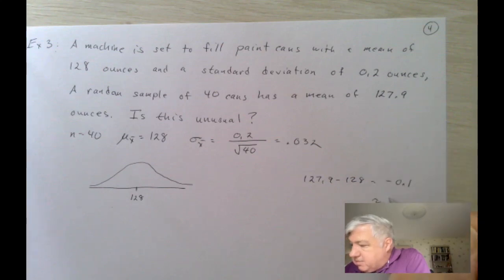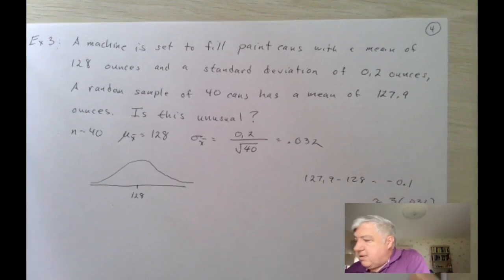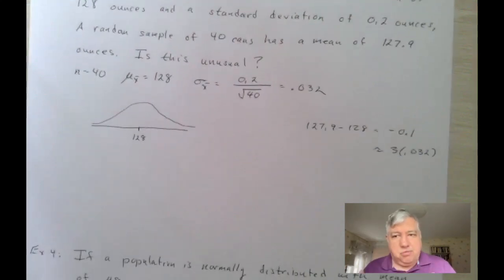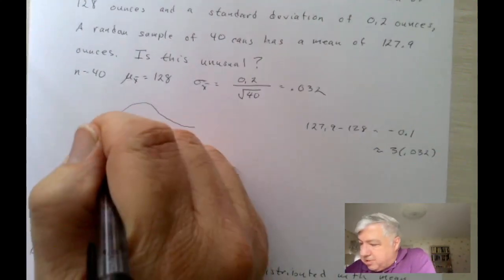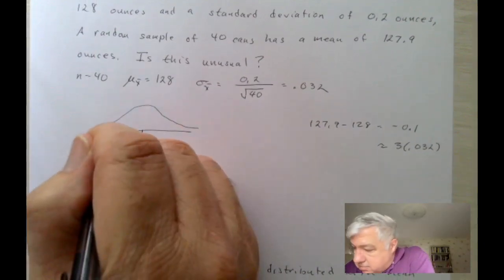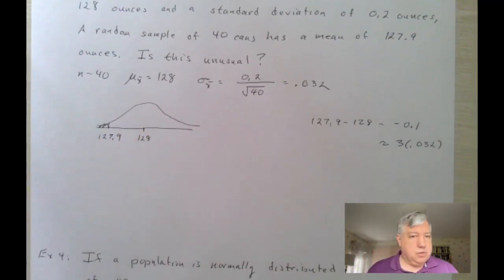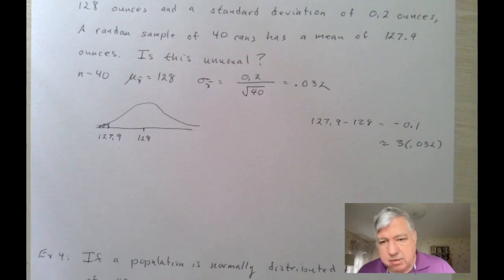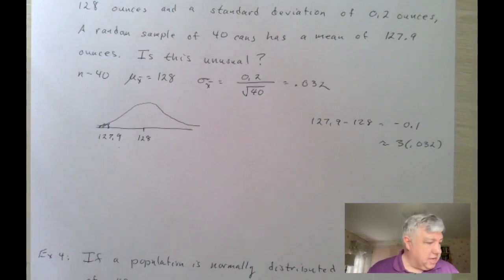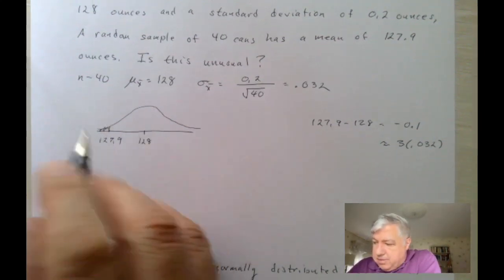Well, that's approximately 3 times 0.032. There's 3 standard deviations away. So this is actually way, way, way over here on the curve. Okay, more than 2 standard deviations, probably almost exactly 3.